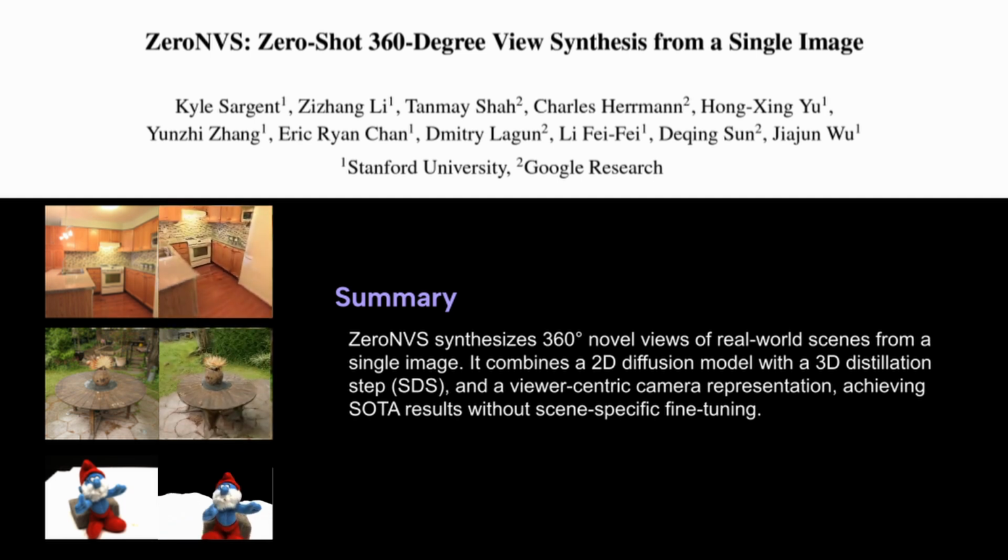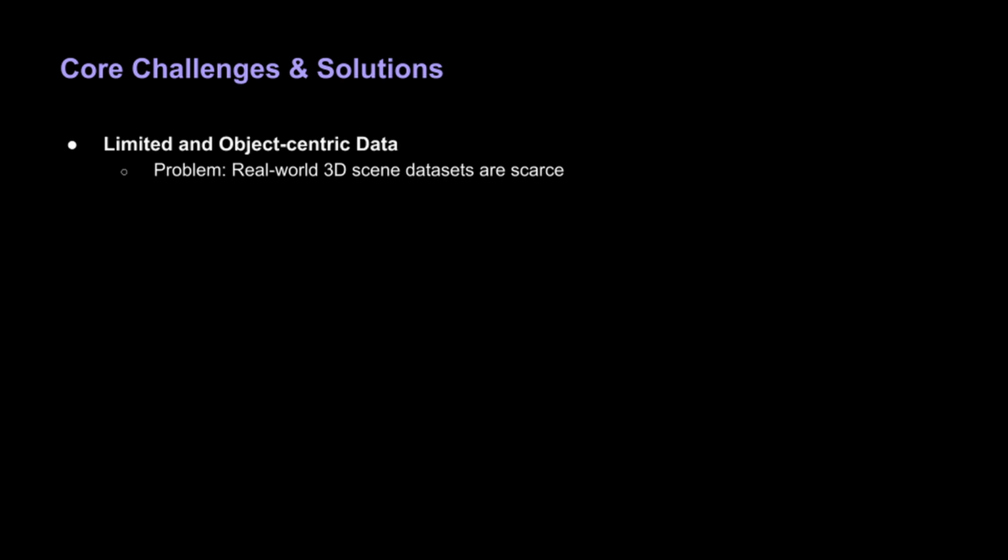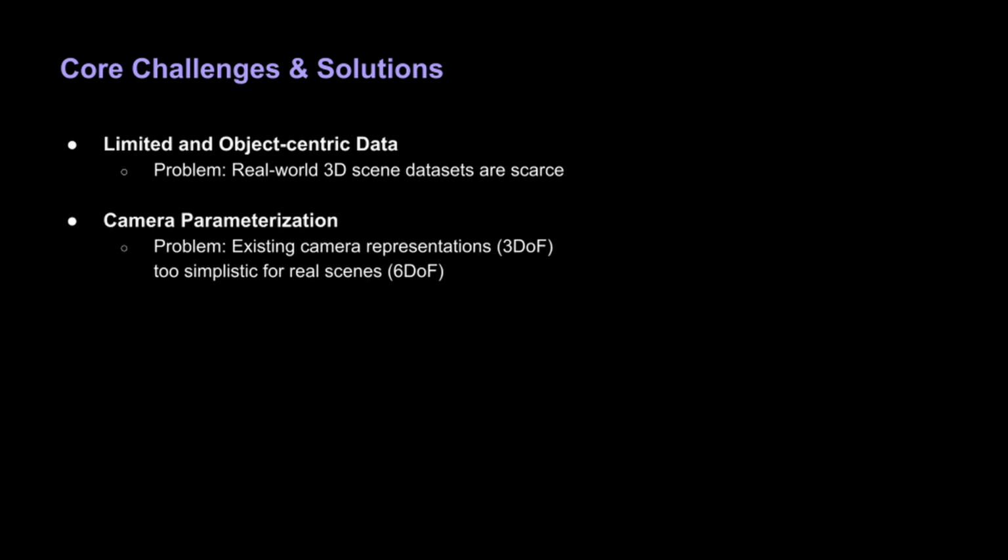And let's begin. This work tries to tackle some limitations from previous NVS work. First, limited and usually object-centric datasets. There's not enough real-world 3D scene datasets, and most large-scale datasets, and therefore most research, focus on single objects. The second limitation is camera parameterization.